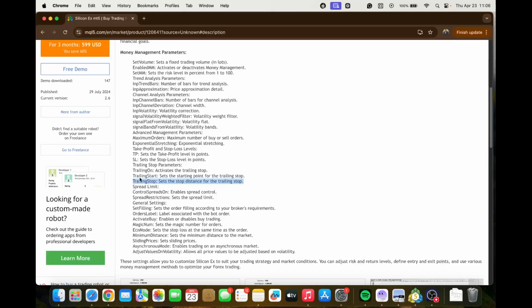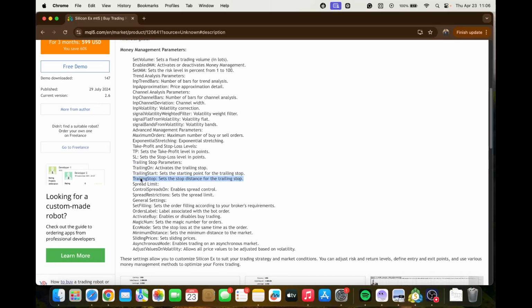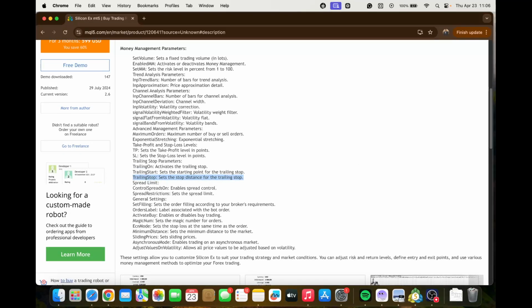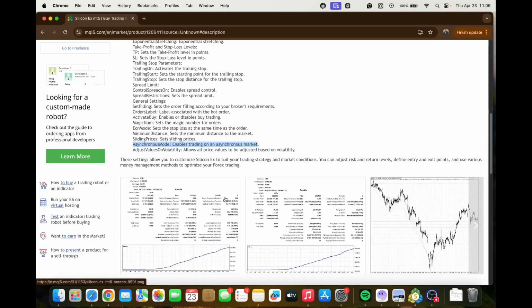There is also spread control, so it can skip trades when spreads blow out, and options like ECN mode and asynchronous trading, so you can enable it on asynchronous markets. And they also mention multi-level protection. I think we've talked about this, but this is the usual copy.